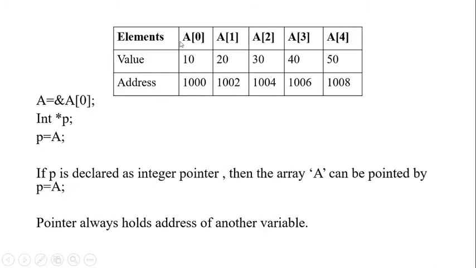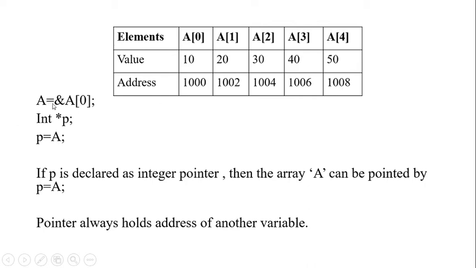So here you can see a tabular representation of these previous statements. So a of 0 contains value 10, a of 1 20, a of 2 30, a of 3 40, a of 4 50. Then what is the address of this a of 0? The address of a of 0 is 1000, a of 1 is 1002, 1004, 1006, 1008.